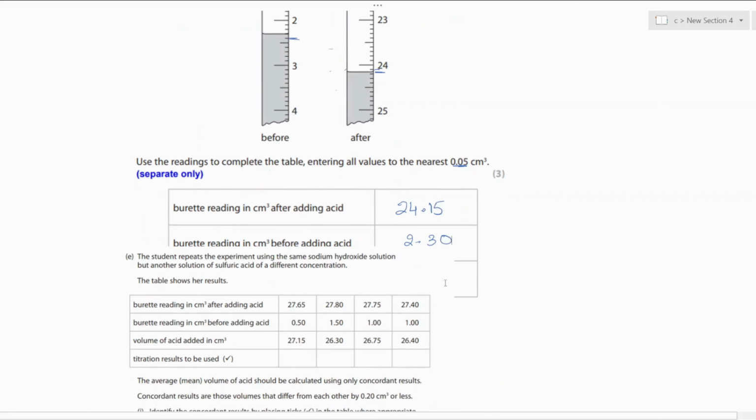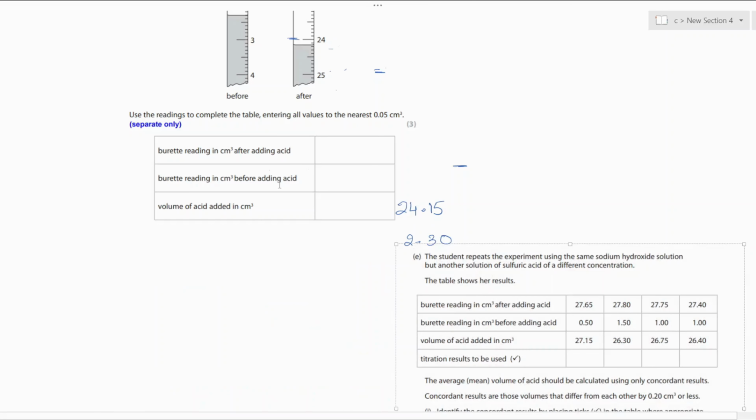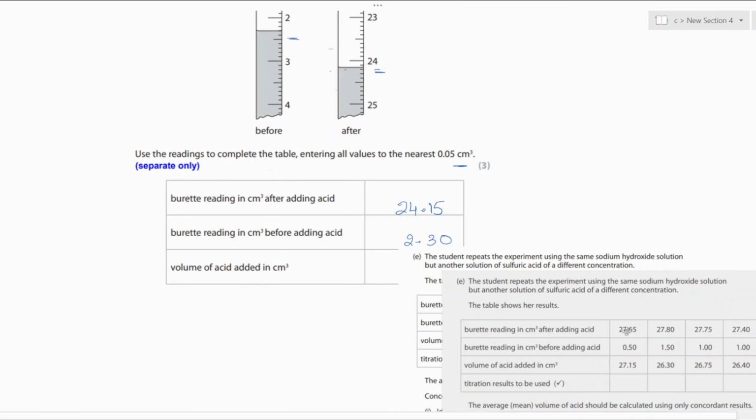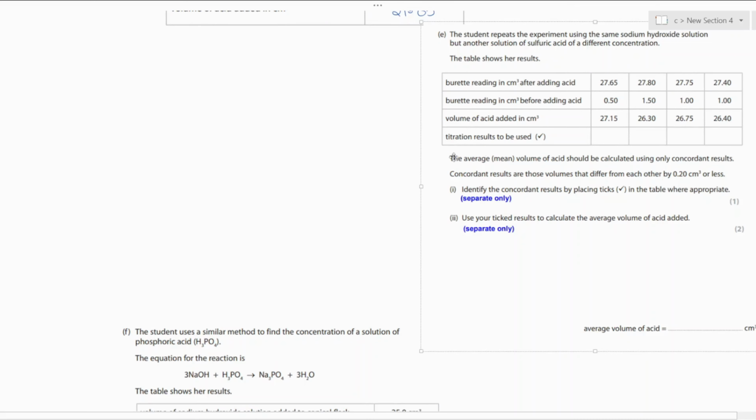Okay, how much total volume is used? 21.85. Okay, let's move to the next question.